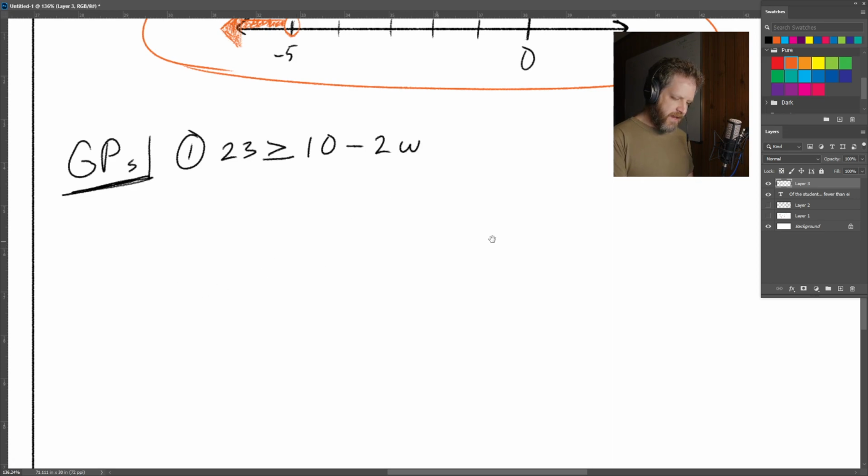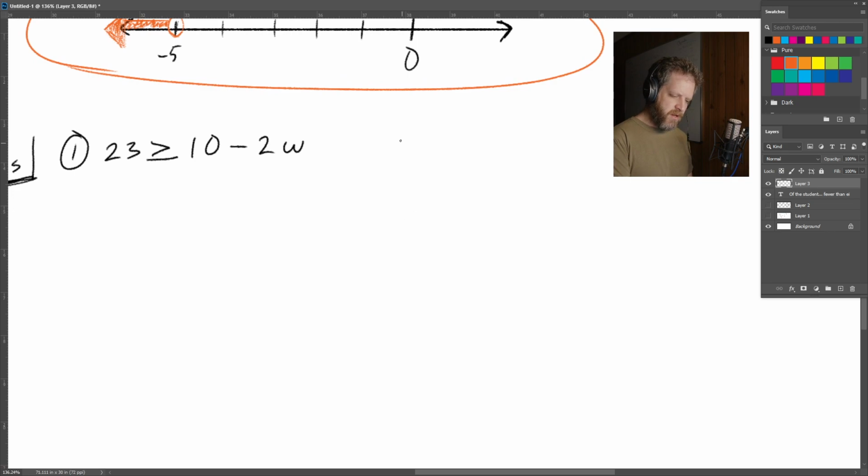And the second one is going to be 43 is greater than negative 4y plus 11.